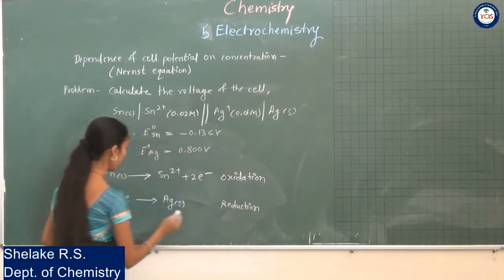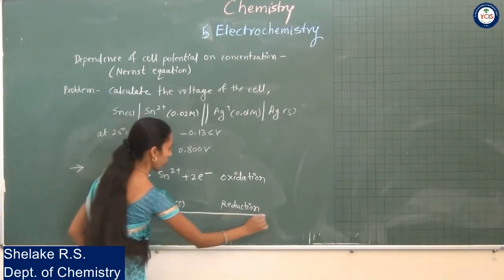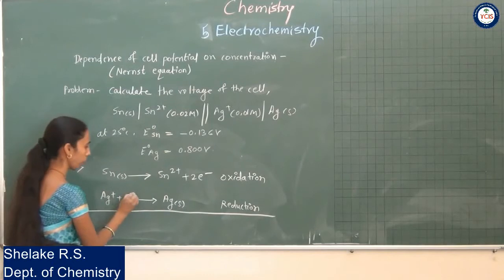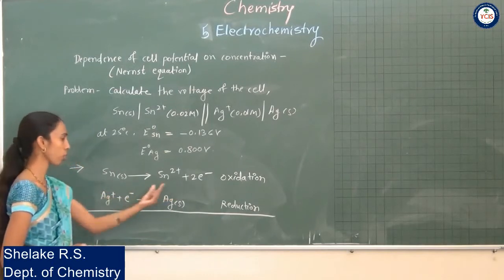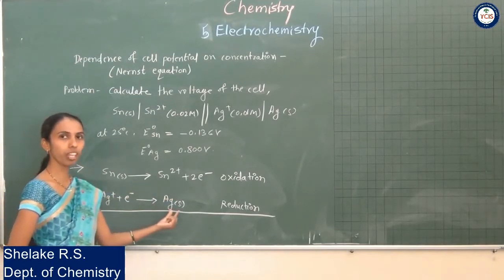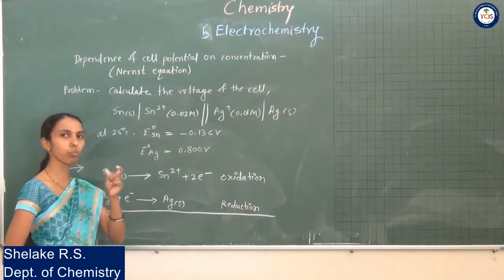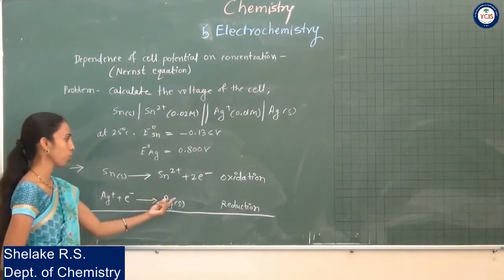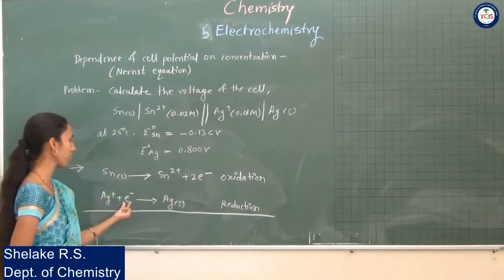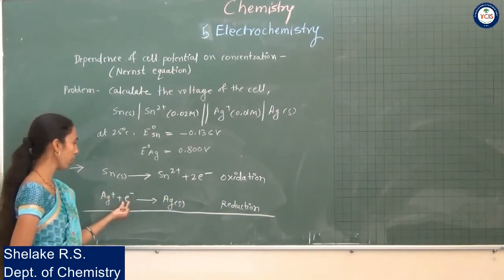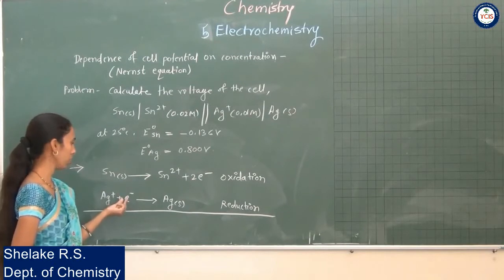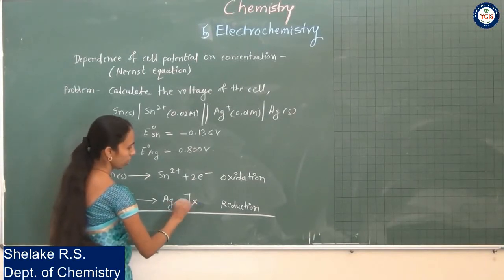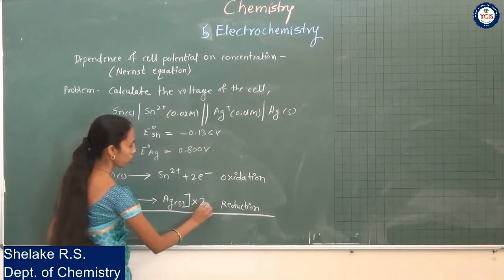Now for writing the net cell reaction, we have studied that the number of electrons should be the same. If the number of electrons is not the same, then we have to multiply with a numerical factor to make the number of electrons equal. Here 2 electrons are lost and there is 1 electron gained, so we have to multiply this half cell reaction by 2.